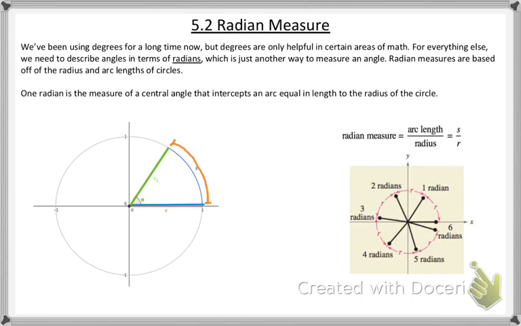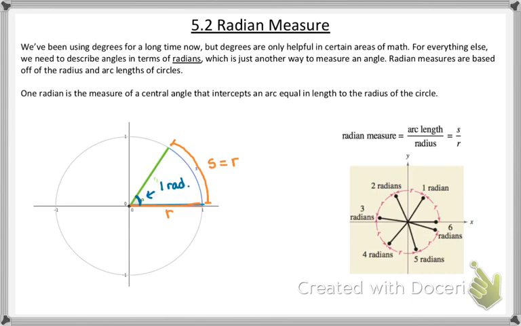This angle forms the length of this arc, and arc length is just a part of the circumference, the distance around a circle. And if the length of this distance, this arc length, which we're going to call S, happens to be the same length as the radius, so my radius is r, if the arc length S is exactly the same length as r, then the measure of the angle that is formed is going to be exactly 1 radian.